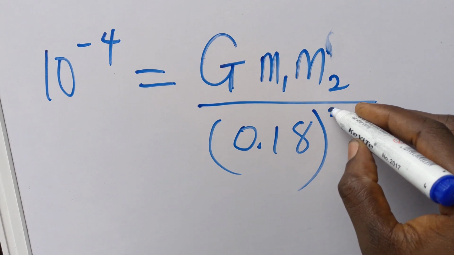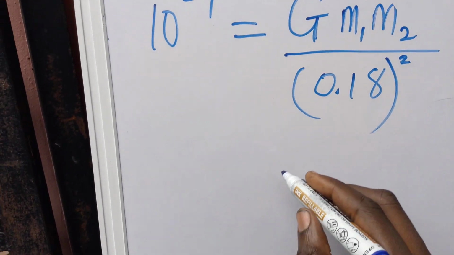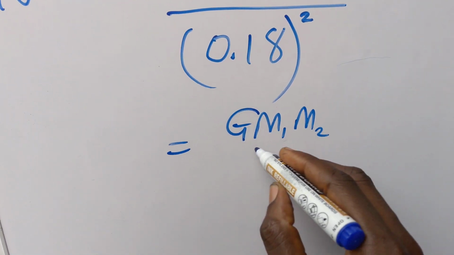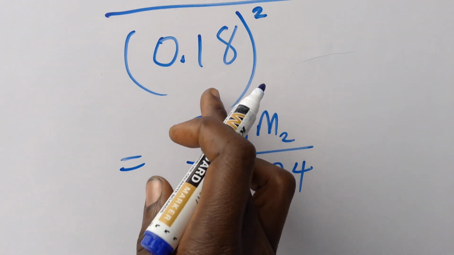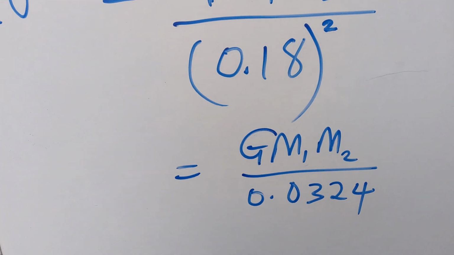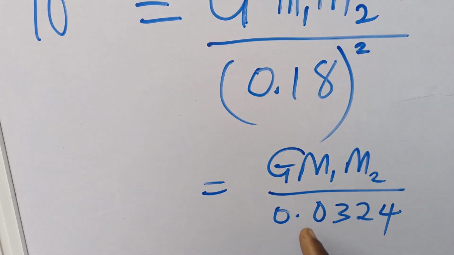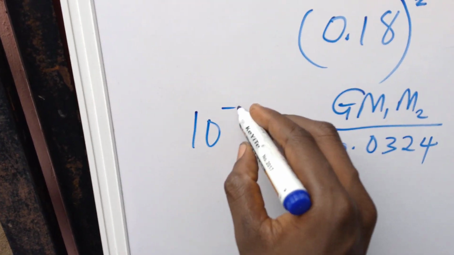So if I take the square of 0.18, I'll be having G M1 M2 over 0.0324. Okay, that's when I square 0.18. This is equals to 10 raised to power minus 4.